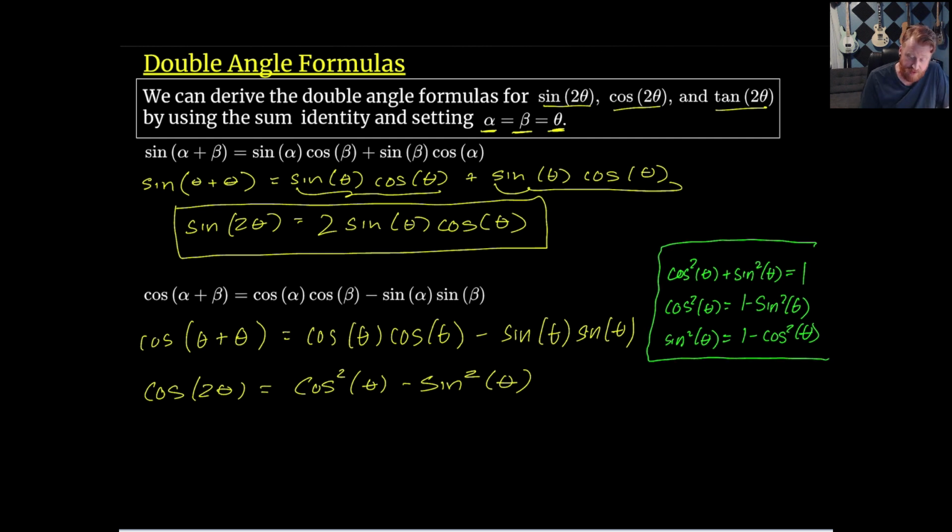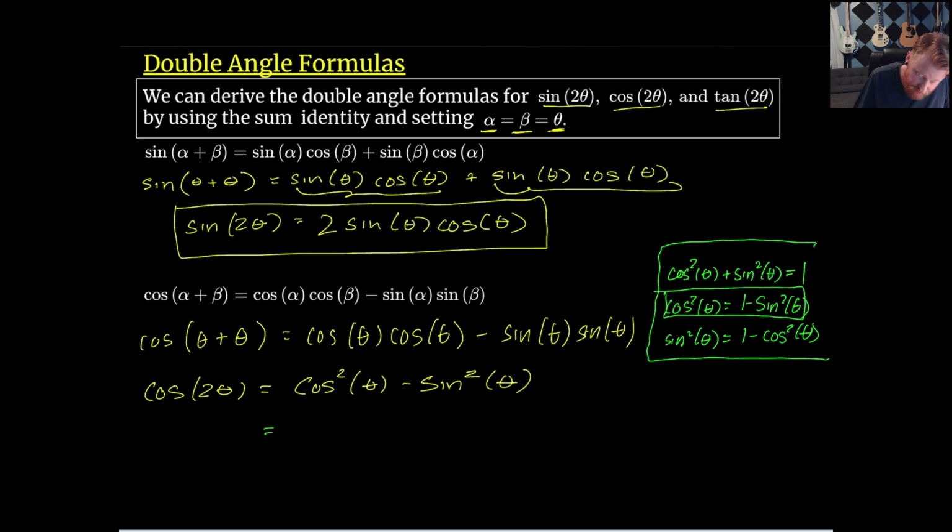Then I can substitute what I know cosine squared theta is, or what I know sine squared theta is, into our double angle identity, and we'll get a few more different looking forms that will be useful. The first thing I will do is substitute in this cosine squared theta.